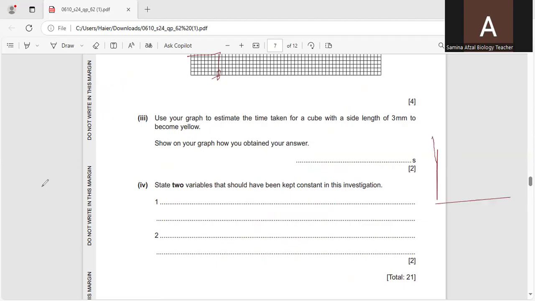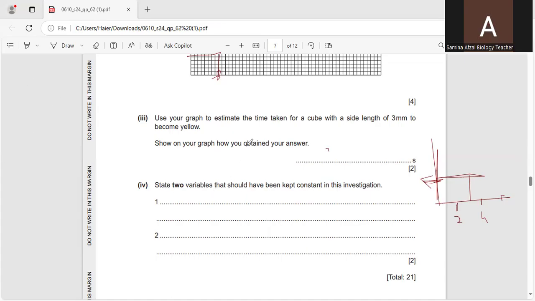You have to take the value 3, then move on this side and you will find out the value from the graph. You have to write this value over here from your graph.